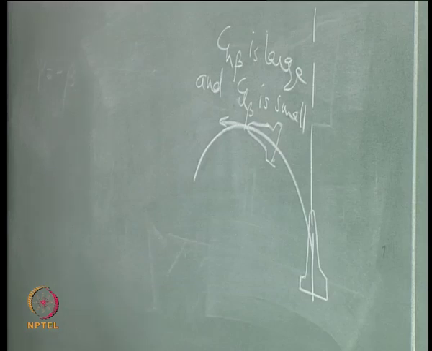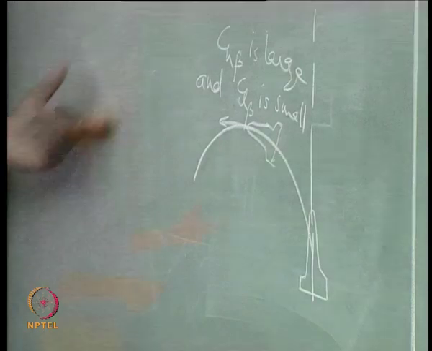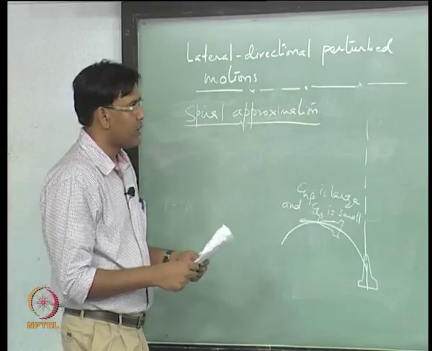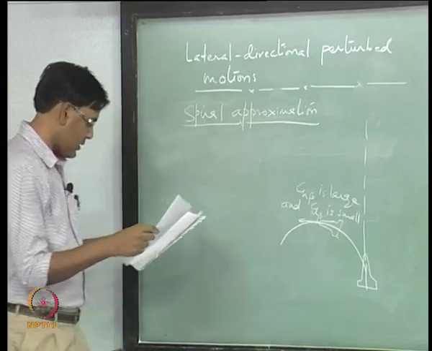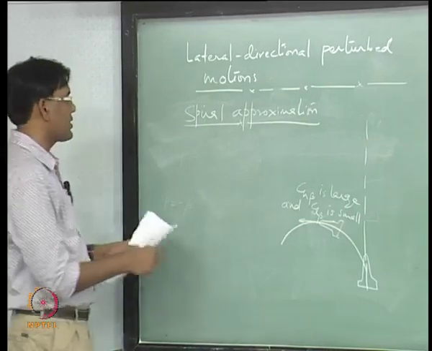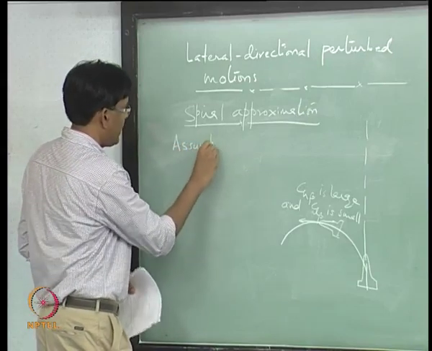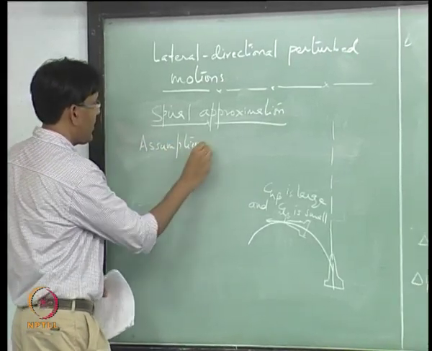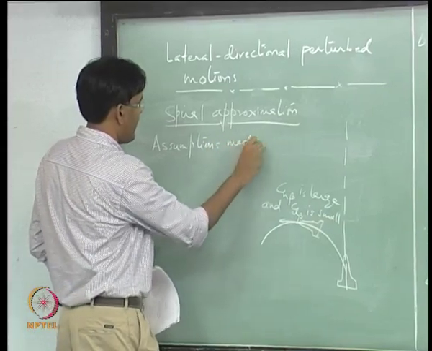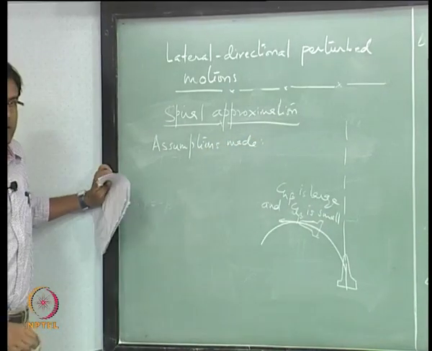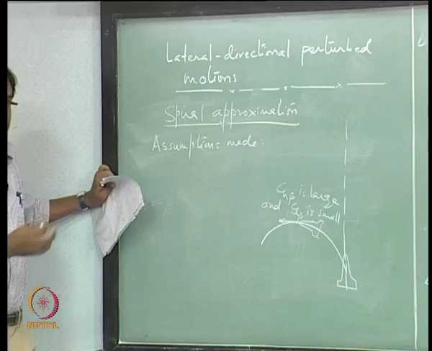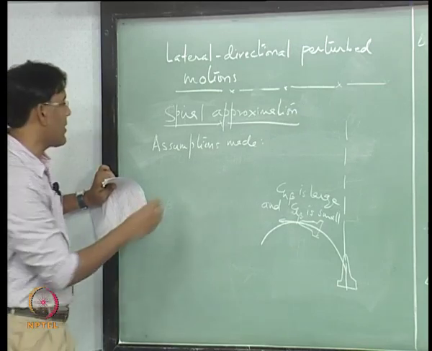Okay, so let us try to write down the approximations, assumptions made here, while deriving approximate formula for the spiral mode eigenvalue.